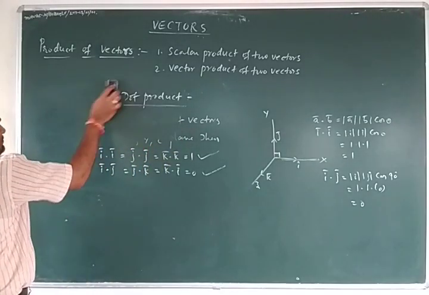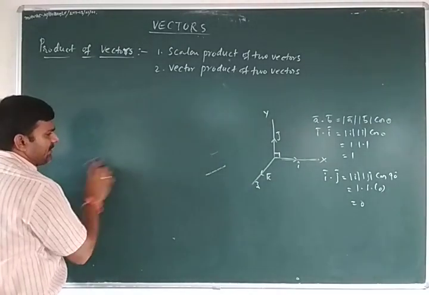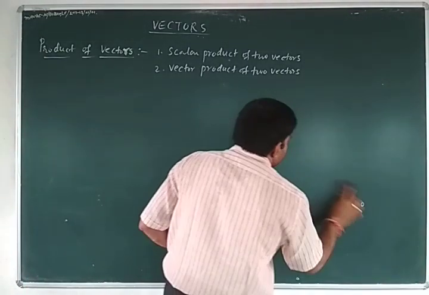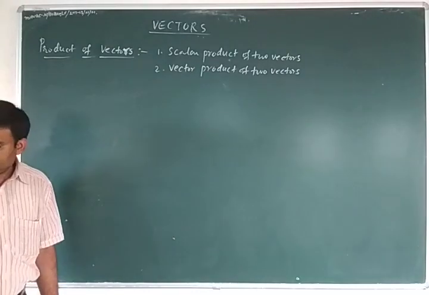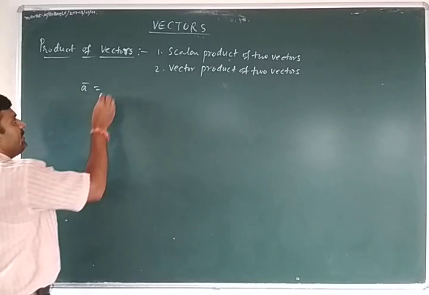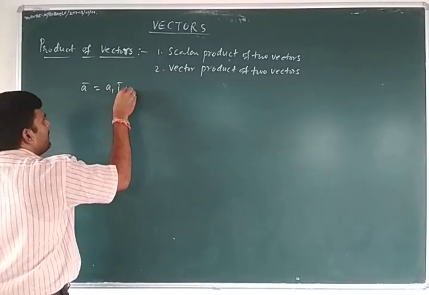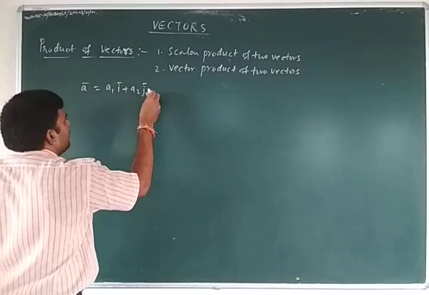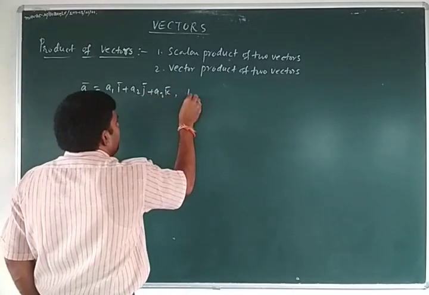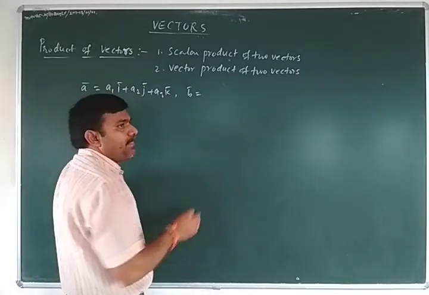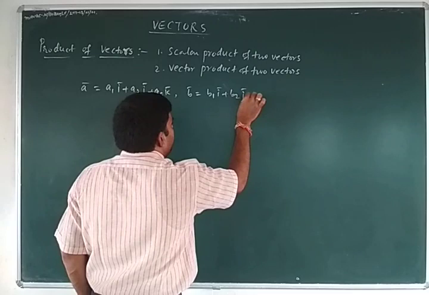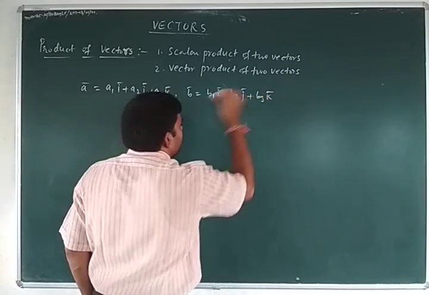Next, if I have given two vectors, how do we find the dot product of the two vectors? Suppose A bar is equal to A1 I bar plus A2 J bar plus A3 K bar, and B bar is equal to B1 I bar plus B2 J bar plus B3 K bar.